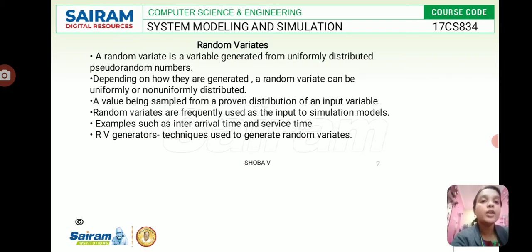A value is sampled from a proven distribution of an input variable, and random variates are frequently used as input to the simulation models. It is possible to generate the same set of random numbers completely independent of the system, based on the inter-arrival time and service time. RV generators have techniques used to generate the random variates.